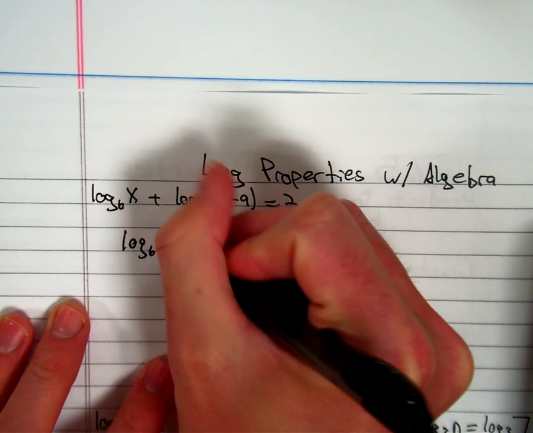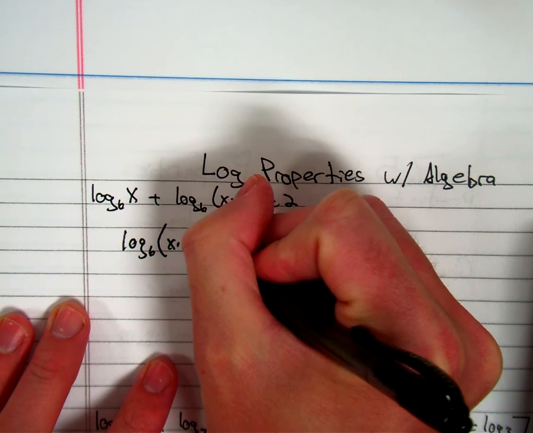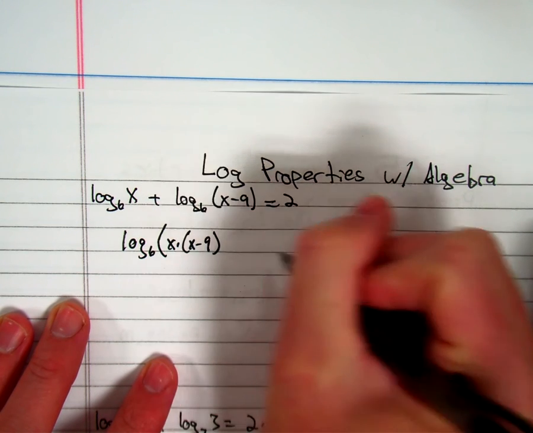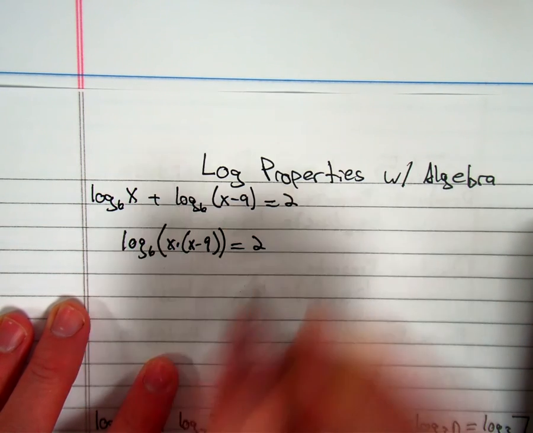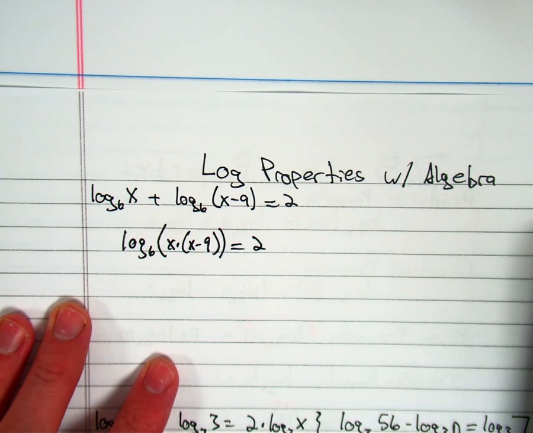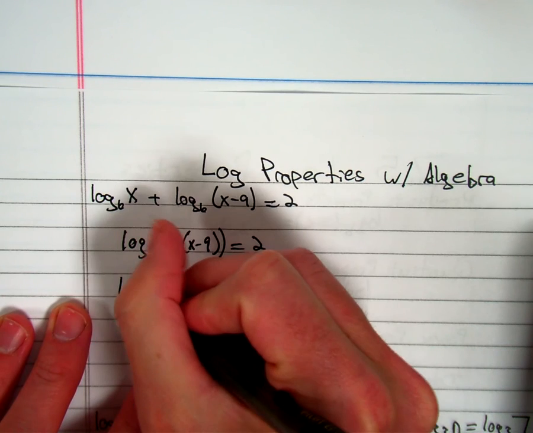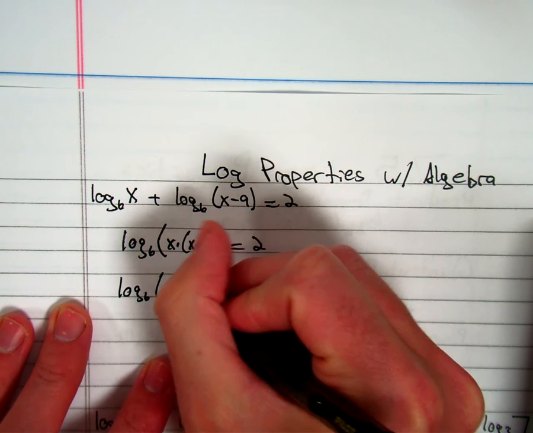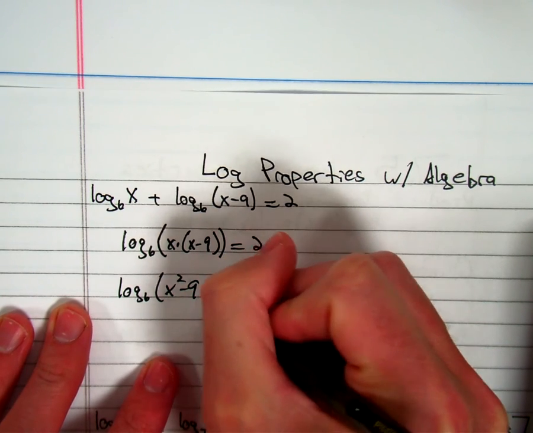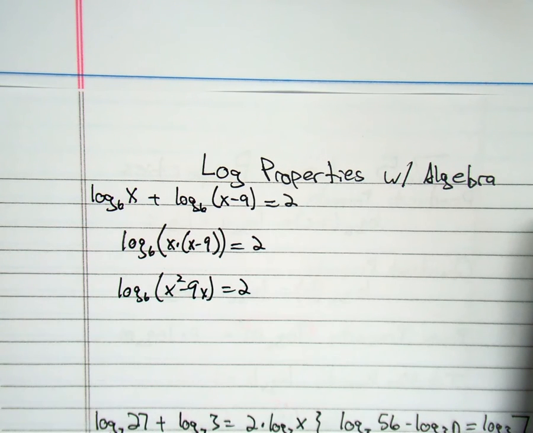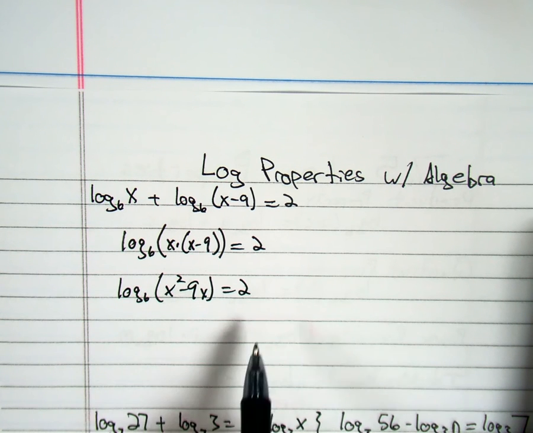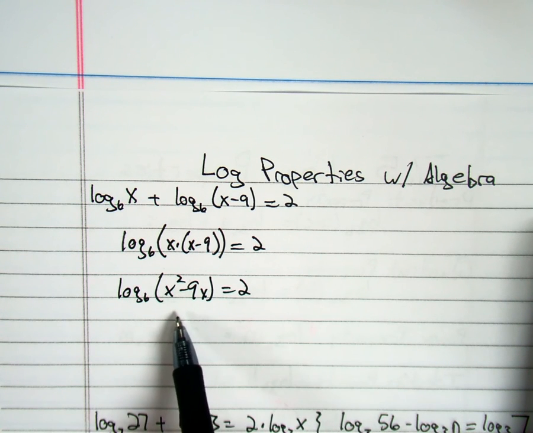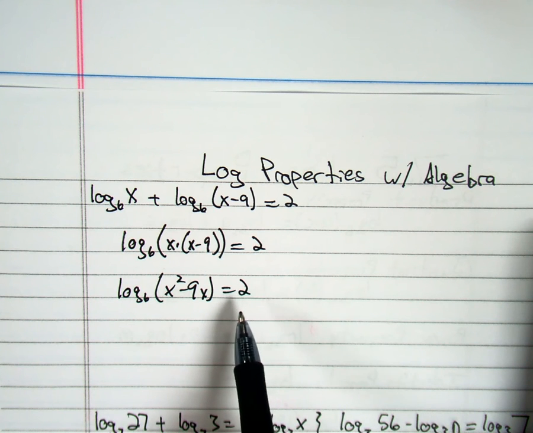Log base 6 of x times x minus 9 equals 2. So this is log base 6 of, let's distribute that, x squared minus 9x.